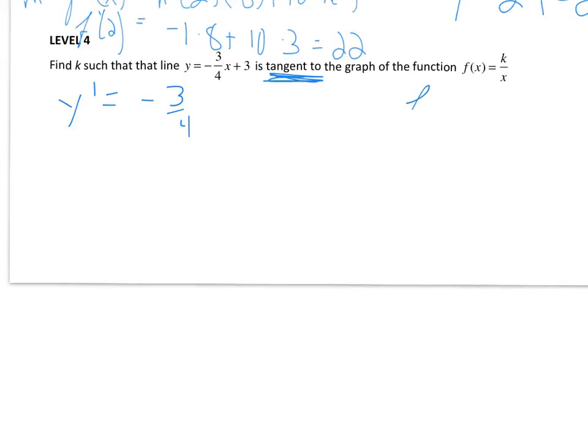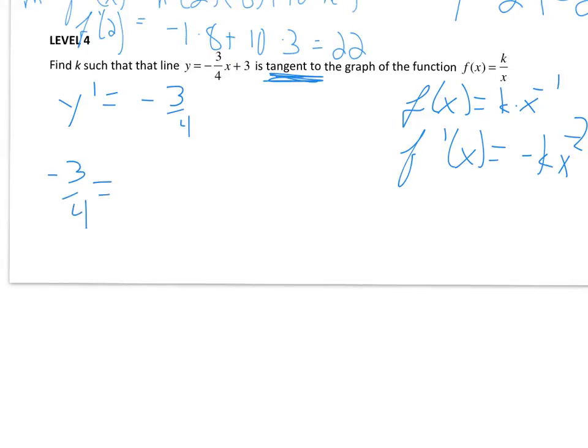For my function f of x, I'm going to rewrite that as k times x to the negative first, and then I can use my power rule, giving negative k times x to the negative second. So I have the slope of the line. It's tangent to that graph, so I know these two slopes should be the same.